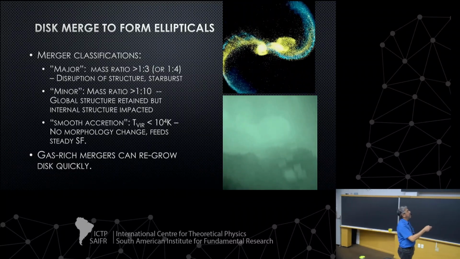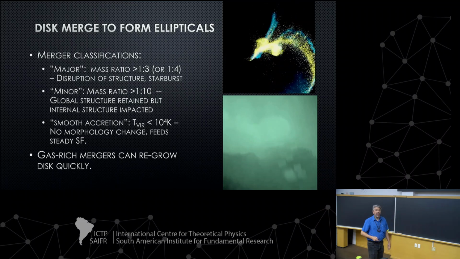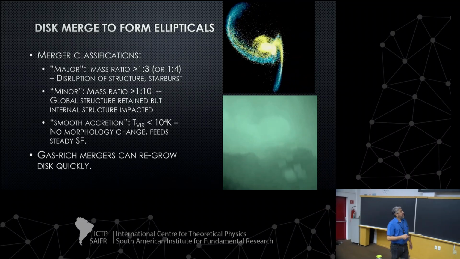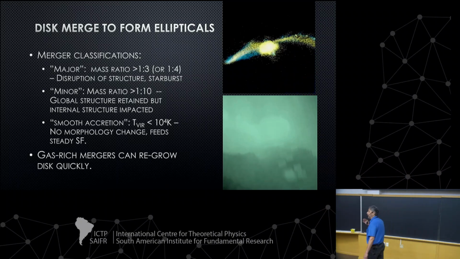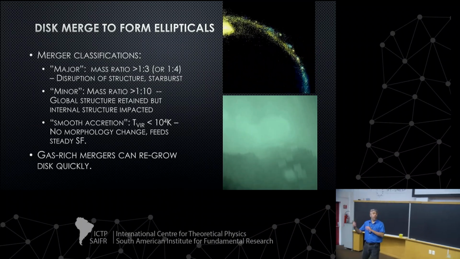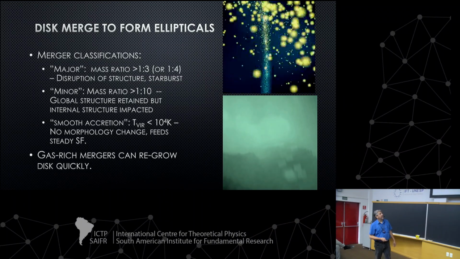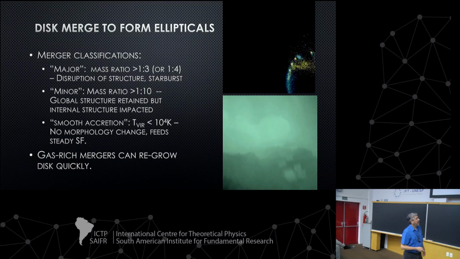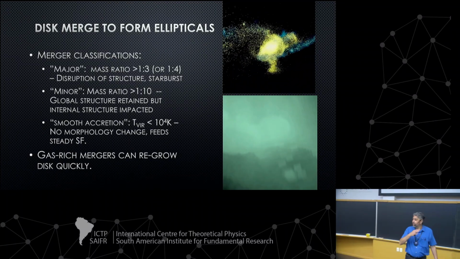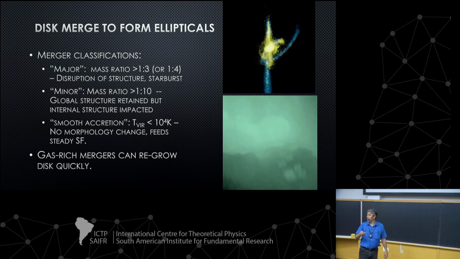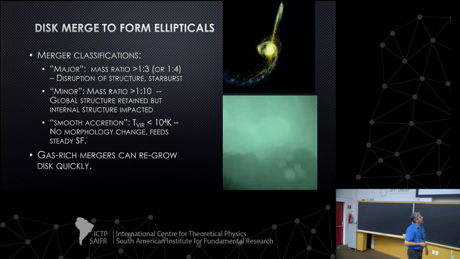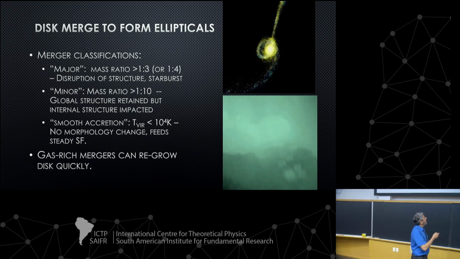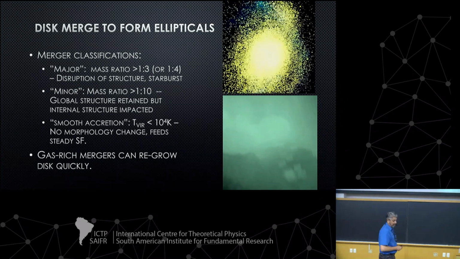You see some big tidal features, et cetera. And eventually this thing will settle down into a disordered configuration. This is all basically stuff that you can see in the real universe. Galaxies like the Antennae look like this. So it's pretty cool. Eventually you settle down into a big elliptical-looking thing.